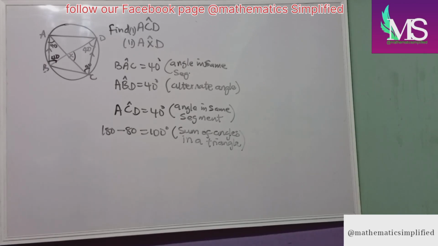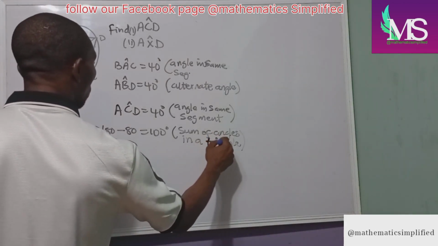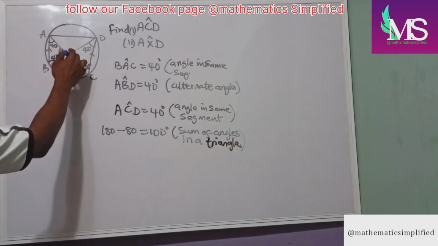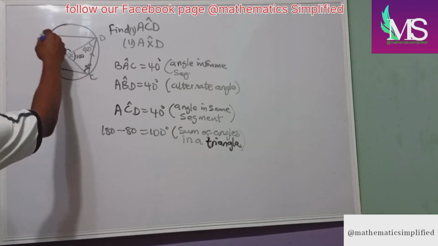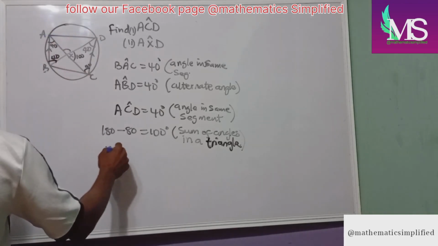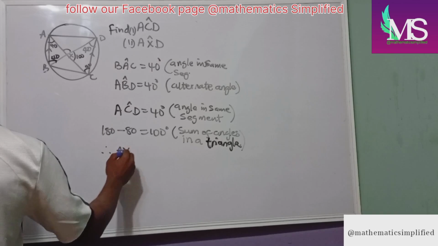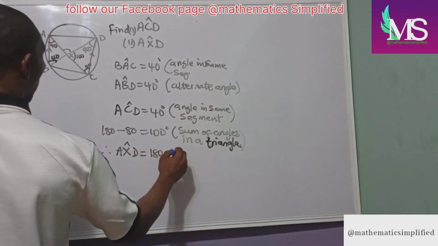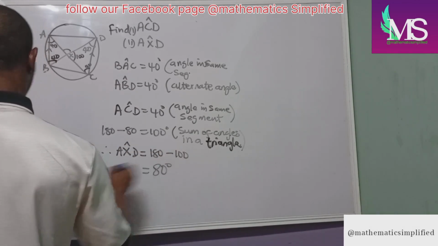Now having known that here is 100, we can find our AXD. So therefore, AXD equals 180 minus 100, which will give us 80 degrees.